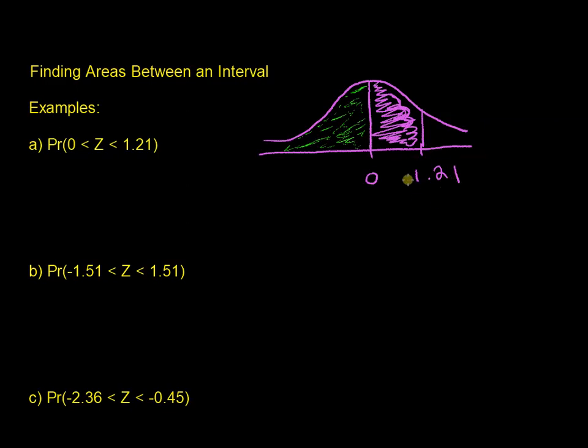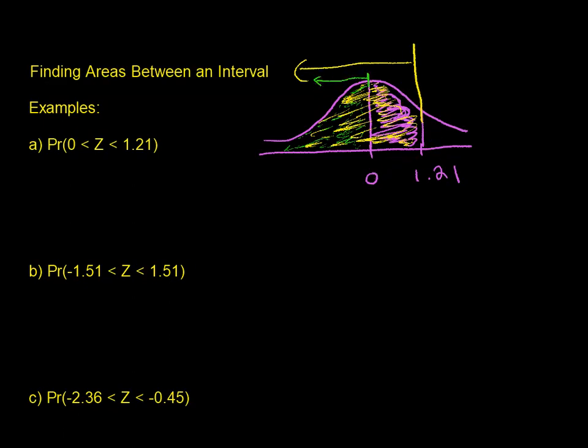Okay, but if I look up 1.21 in the table, I'm going to get this area that I'm about to mark in yellow, all of this area, including the purple area. So if I look up the probability that Z is less than 1.21, I'm going to get all of this back area. And then I know that the probability that Z is less than 0 is 0.5.